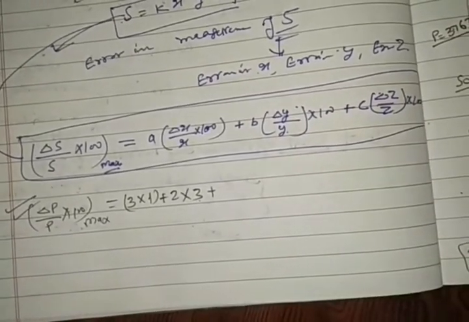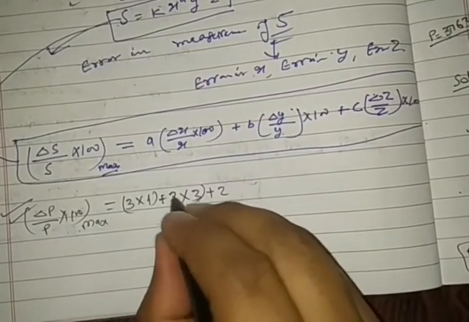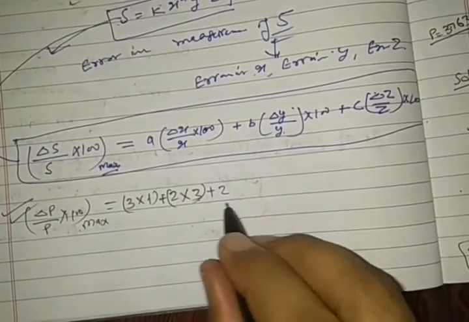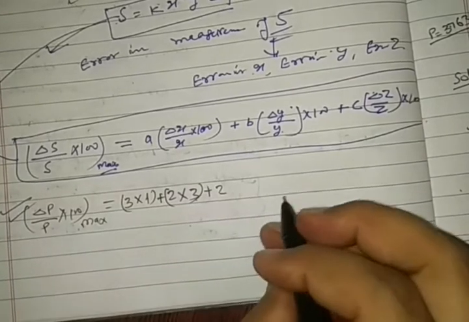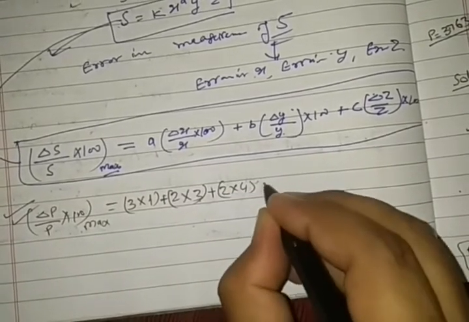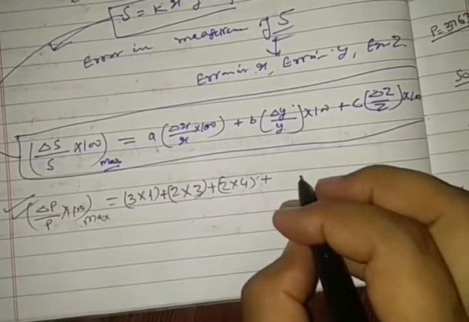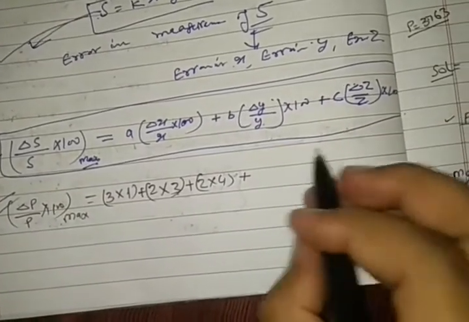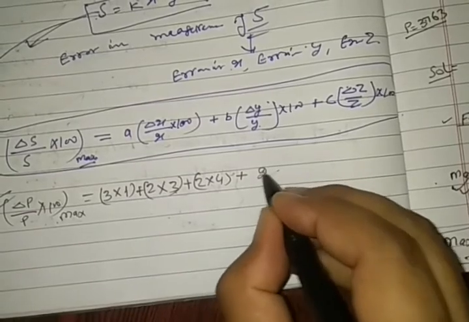Plus the third one, 2 into C, the maximum permissible error given here is 4. Plus D, the last, given as 2%.